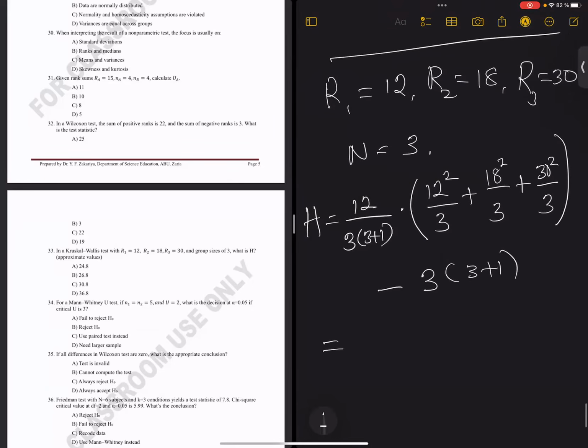As simple as just doing the arithmetic. 12 divided by 3 times 4. This 3 plus 1 is 4, so that's another 12.